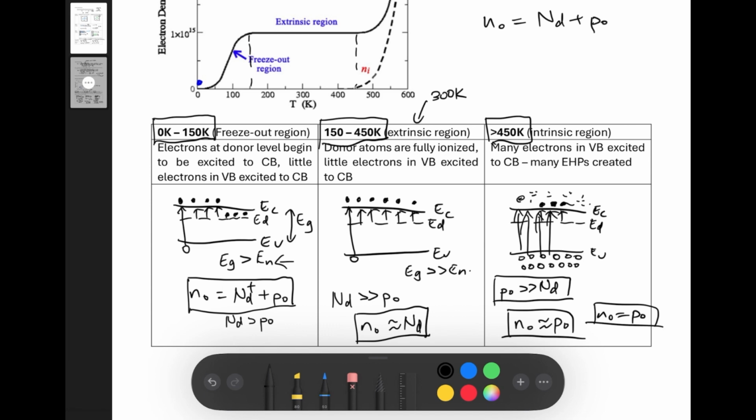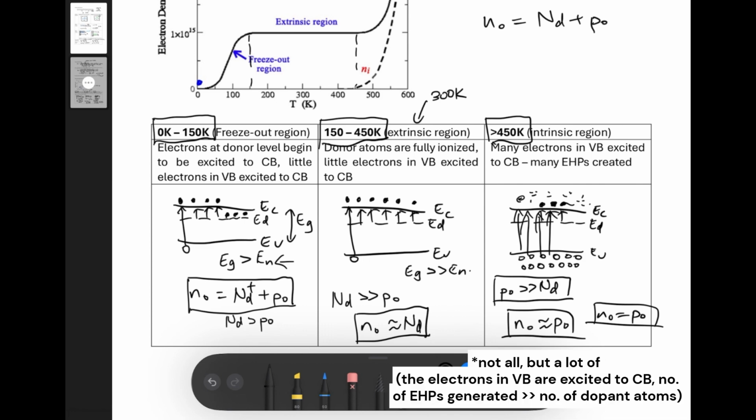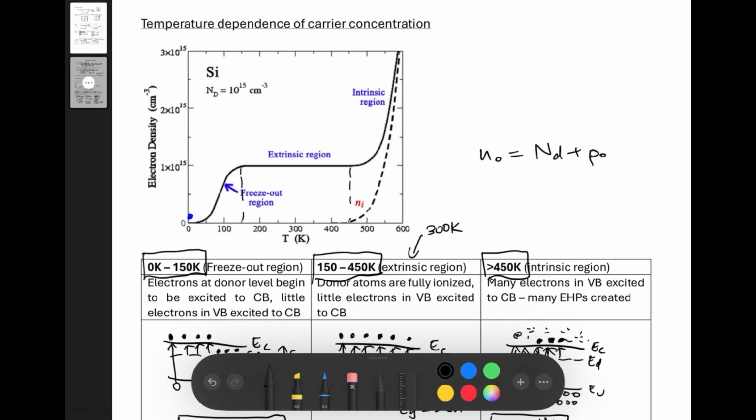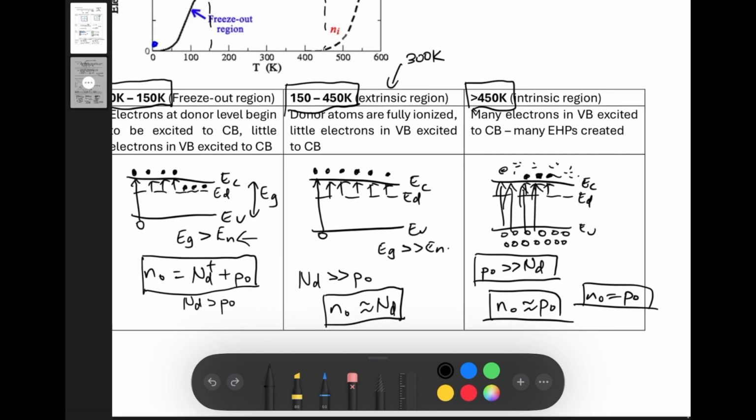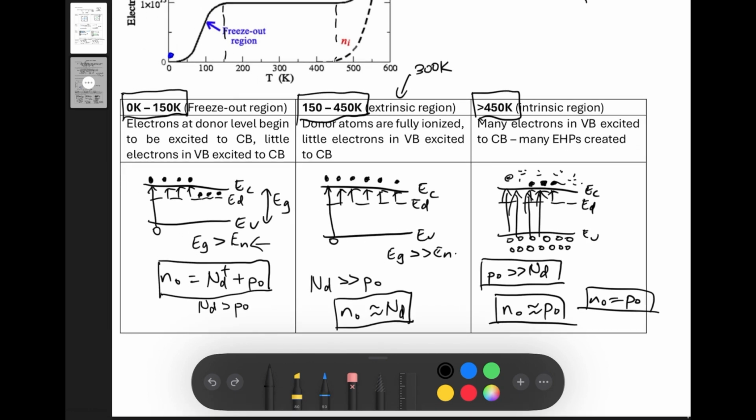So above 450K, the doping is very ineffective because it's so hot that the electrons in the valence band are already excited to the conduction band. It's sort of back to an intrinsic semiconductor, approaching the intrinsic carrier concentration. That's why many silicon semiconductors are rated at around 175 or 170 degrees Celsius maximum, because this translates to around 450 Kelvin.